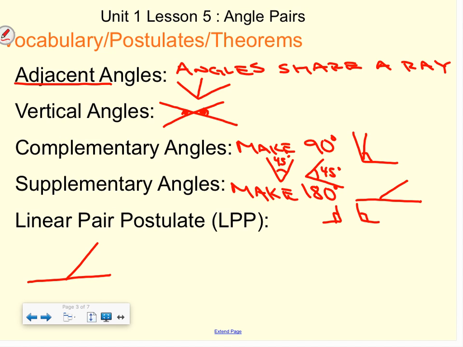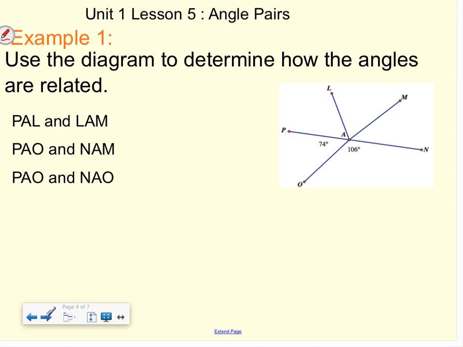So this right here, they make up a straight line. This is the linear pair postulate. And specifically, it's a type of supplementary angles where you have adjacent angles.